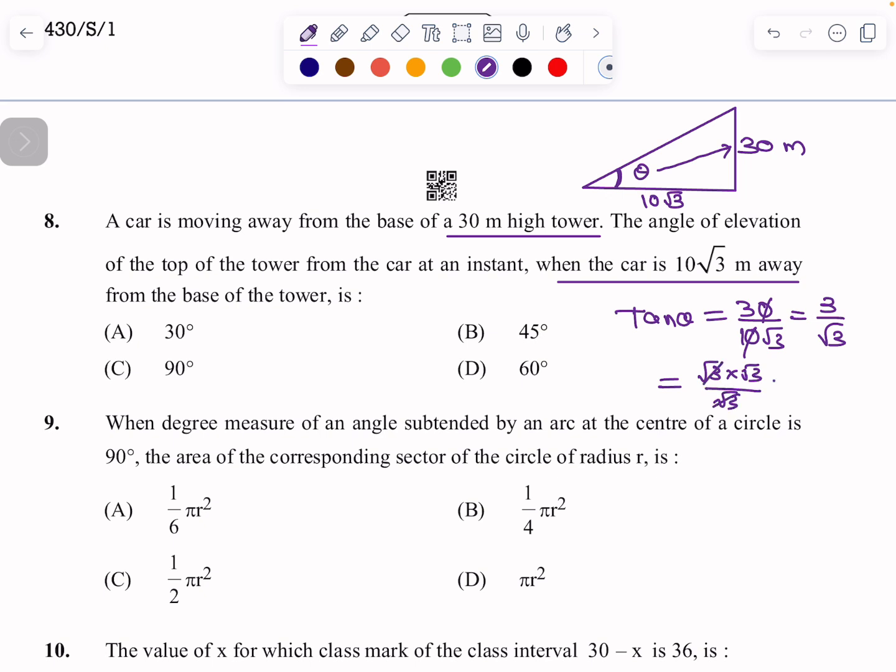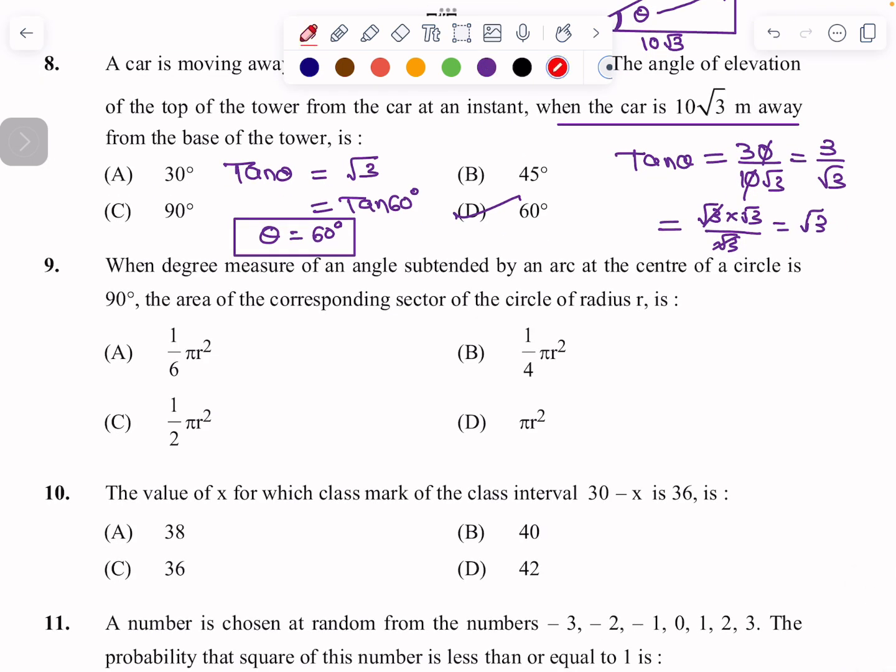So root 3 gets cancelled, and tan theta equals root 3, right? Where do we get this root 3? That is tan 60, right? So here theta value is 60 degrees. The angle of elevation is 60 degrees. So option D is matching.